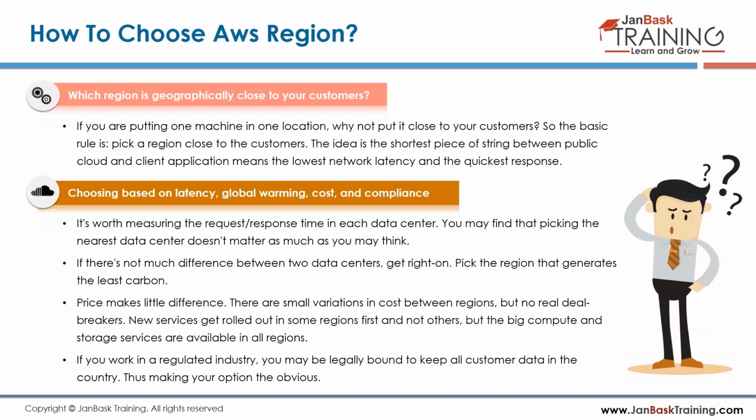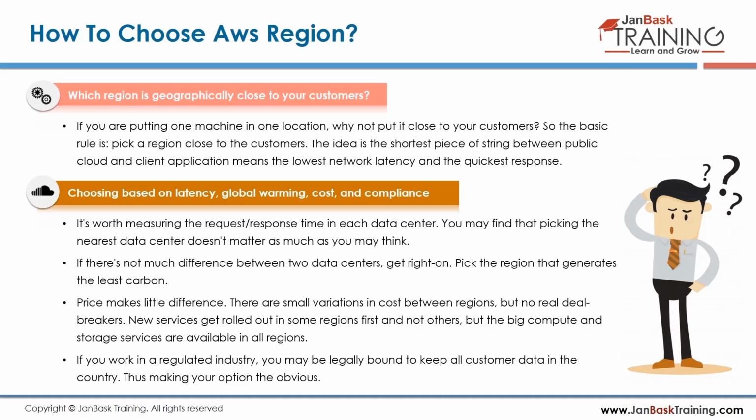Number one. Number two, do you have a compliance issue, right? You want to satisfy the laws of the country where you are doing business. So say you are a European company in the business of healthcare and you want to serve US customers. Now US law dictates that the customer data from US patients or US customers should be in the US only. No worries.